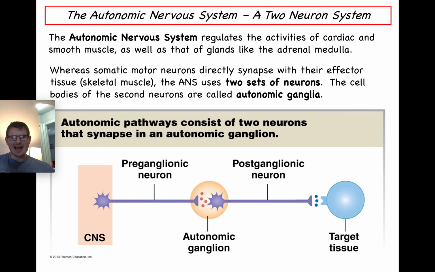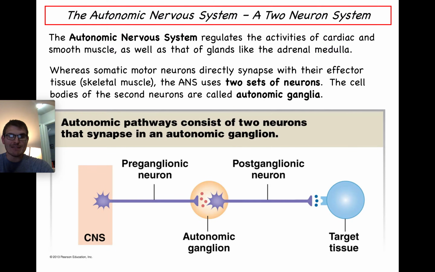One of the major things that we haven't really had a good chance to talk about yet, but I think you'll get the idea of what I'm talking about here. Most of the examples that we've gone through in those pathway examples were like, someone's tickling the bottom of your foot, you guys remember that? So if someone's tickling the bottom of your foot, you guys basically agreed that your natural response is you're going to want to pull your leg away. Well, in order to pull your leg away, you're using skeletal muscle.